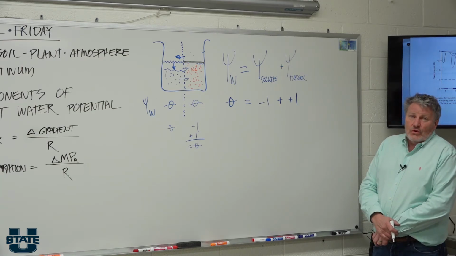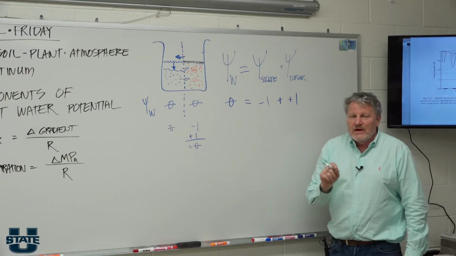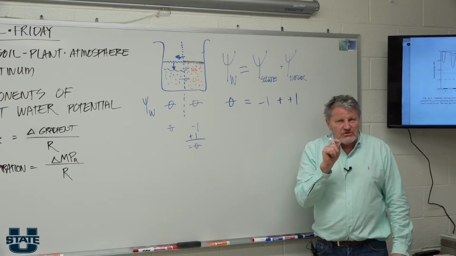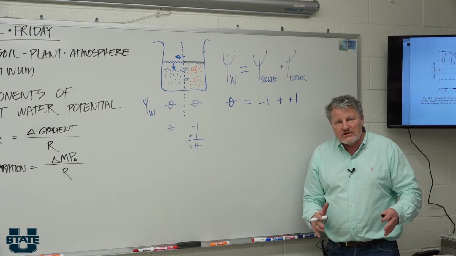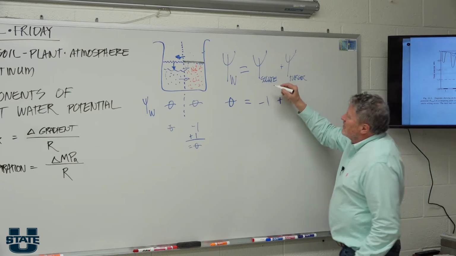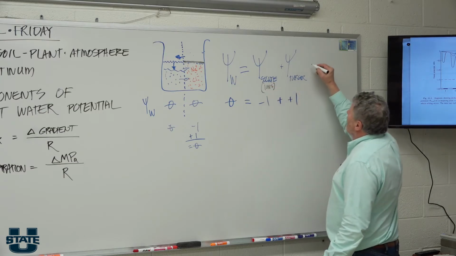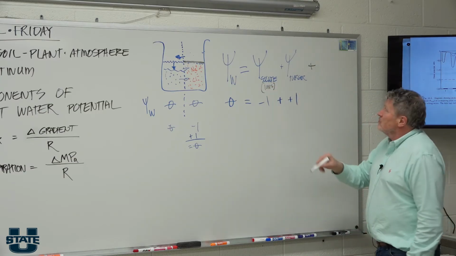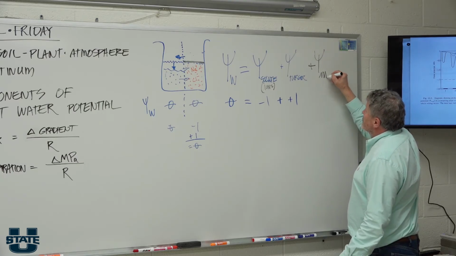What about soil? I said if we put soil in here, it would do the same thing. When this water binds to particles in a soil, like our Slurpee that we're trying to suck water out of, solute is ions, and when it's bound to particles of soil, it's psi matrix.